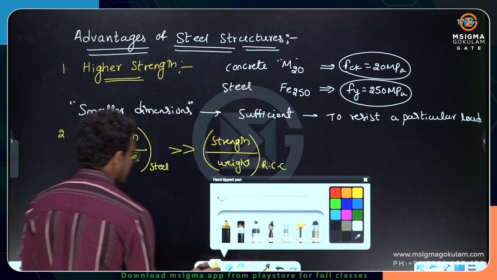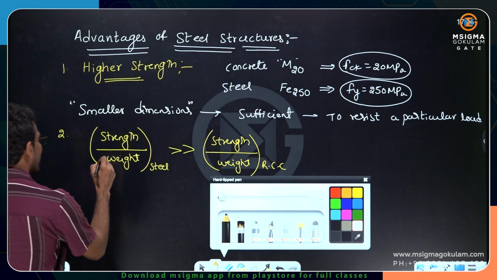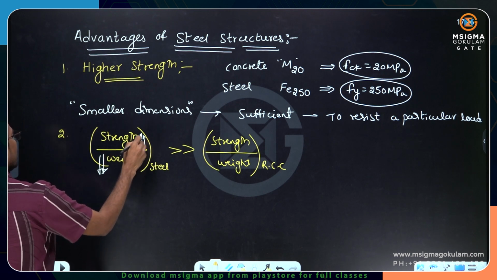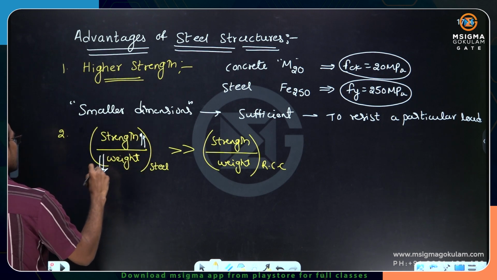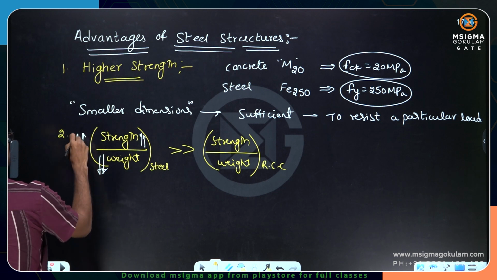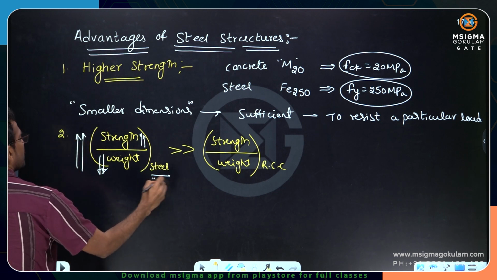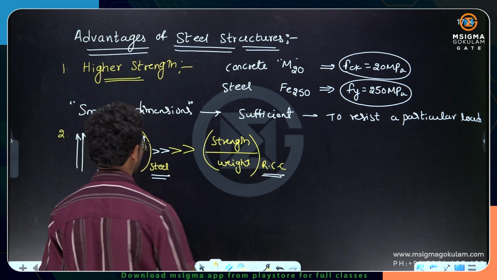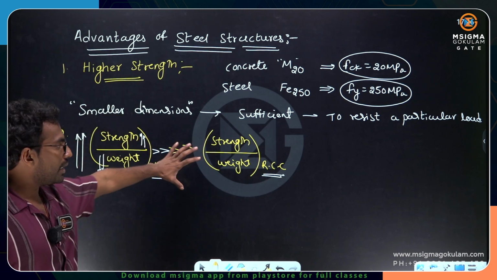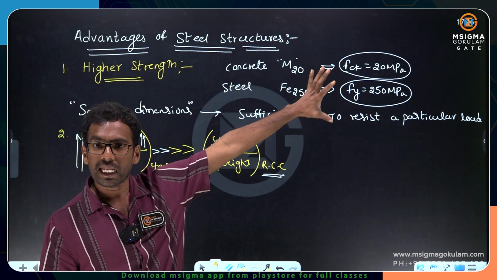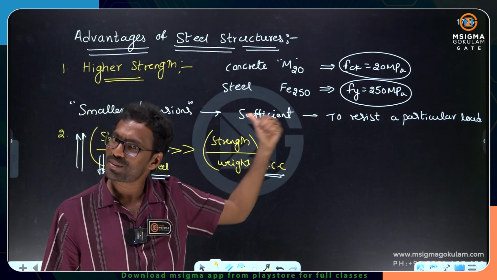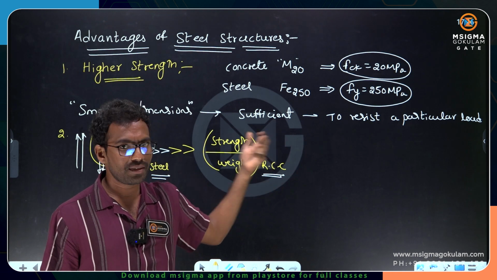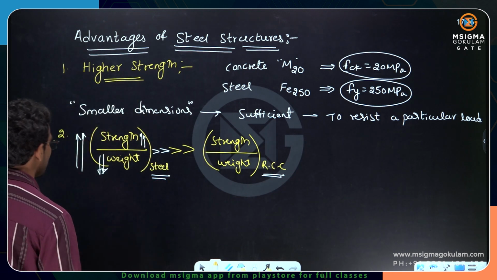Please understand this point carefully. By nature steel is having less weight and it is having high strength. Altogether numerator is more and denominator is less, so the entire ratio is high. Therefore, we can have lesser dead loads in case of steel structures, less self weight and good aesthetics. That is another advantage of steel structures.